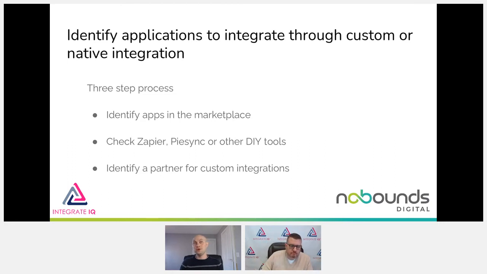I think it's important in this 3-step process to go a little deeper on each of those and say, okay, great, I'm glad it has a native integration, but what does that integration really entail? And does it meet my requirements? Because there are a number of clients on my side, and I'm sure on your side as well, where there might be a native integration, but they have a particular need with that app that the marketplace just isn't filling.